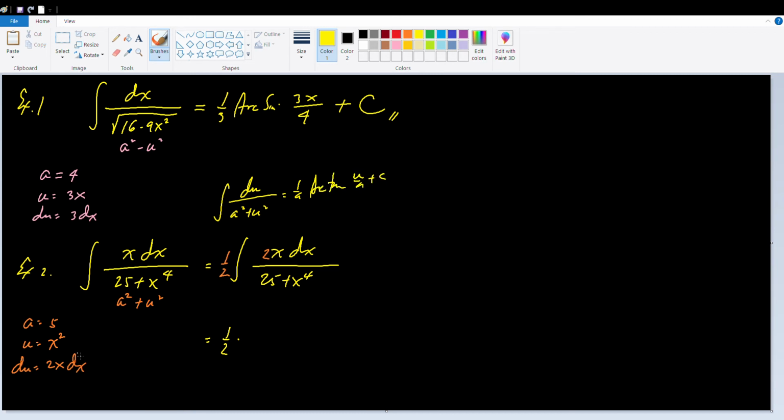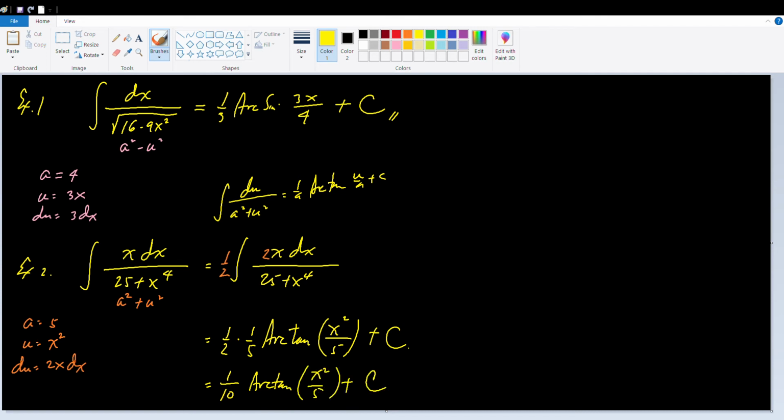So our a is 5. We'll be getting 1/5 arctangent of u, x squared, over a, which is 5, plus c. Or that will be 1 over 10 arctangent of x squared all over 5 plus c.